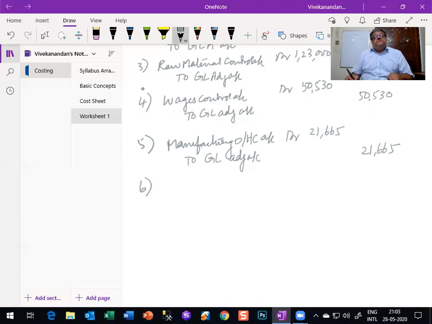Cost of sales. Where will the cost of sales come from? What would be the previous stage of cost of sales? The previous stage of cost of sales is nothing but finished goods. So it is getting transferred from finished goods to cost of sales. What would be the journal entry?